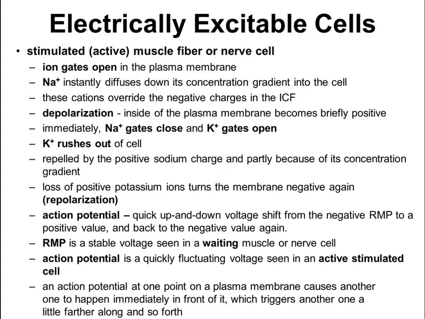Now, once we have a stimulated or active muscle fiber or nerve cell, things change. The ion gates open in the plasma membrane. The sodium instantly diffuses down its concentration gradient into the cell. These cations override the negative charges in the ICF, and something called depolarization happens. This means that the inside of the plasma membrane becomes briefly positive.